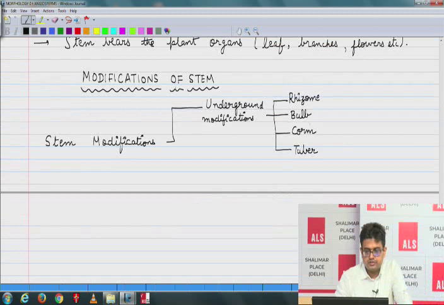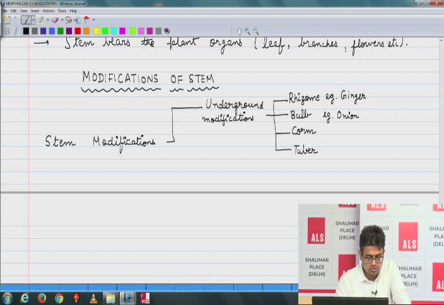Example of rhizome is ginger. Example of bulb is onion. Another kind of bulb is garlic. You can also include garlic inside it. Example of corm is colocasia, the guiya arbi that we eat.